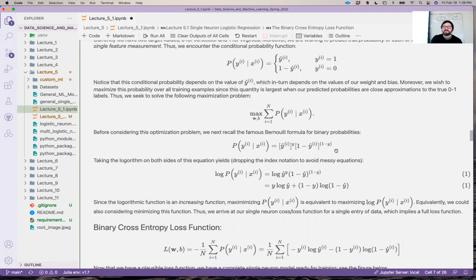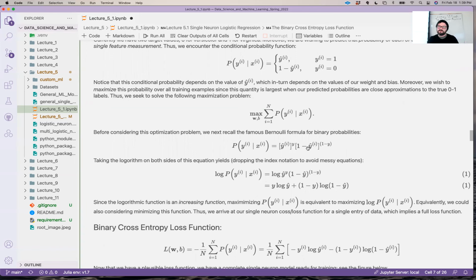Notice that by this famous Bernoulli equation, conditional probabilities in the binary case have a very simple formula. That formula is typically written like p to the power of something and 1 minus p to the power of something, the probability and its complement, with these powers.